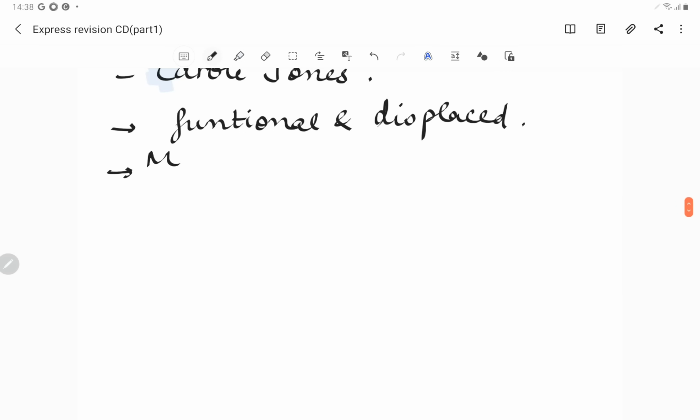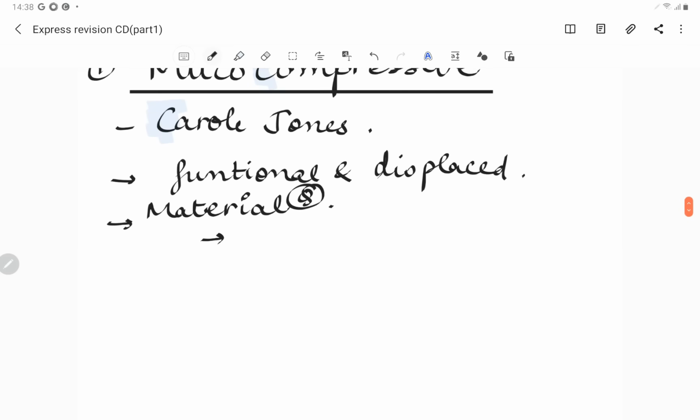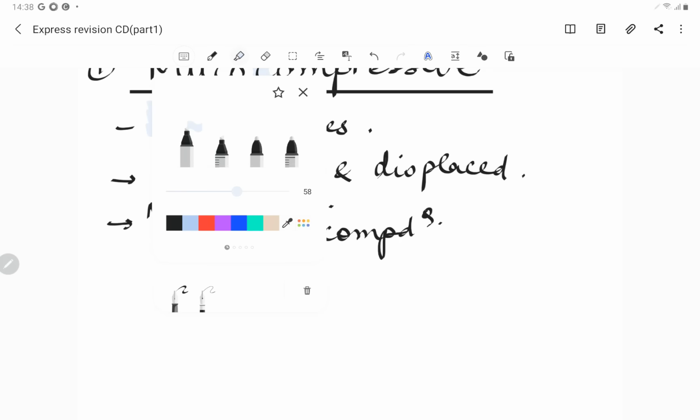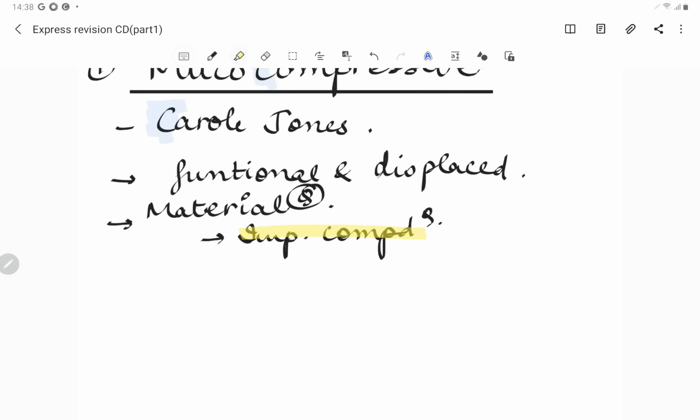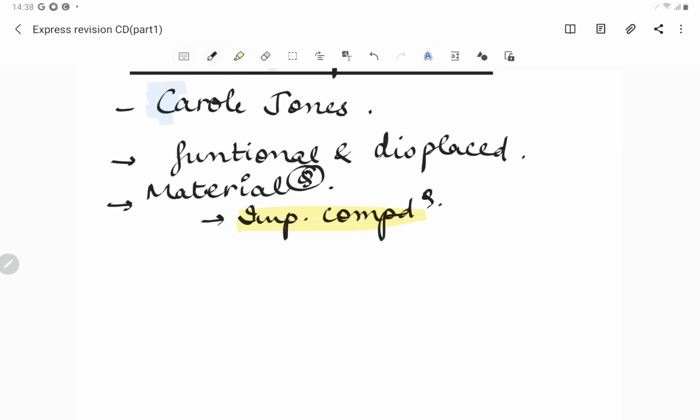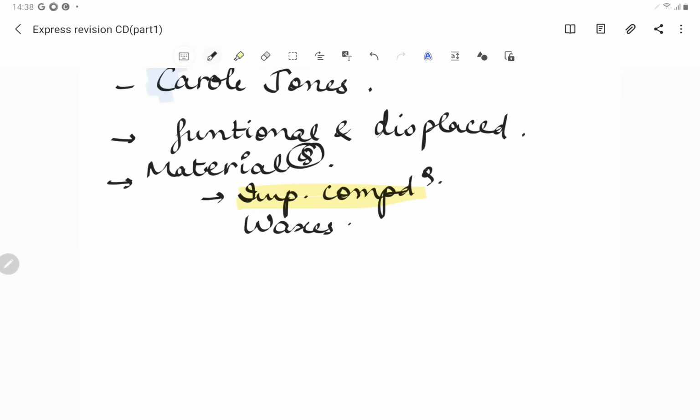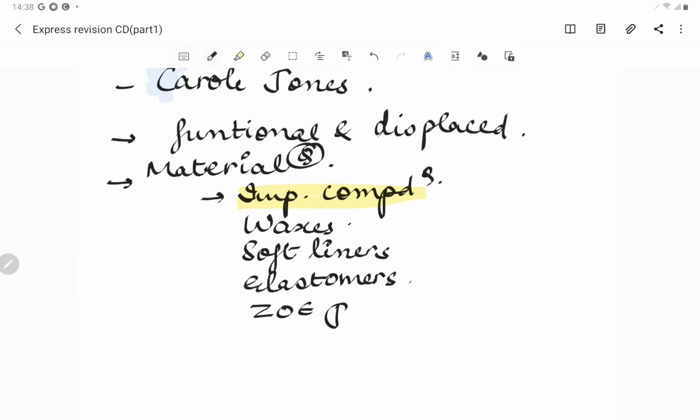Then the materials which are used for the mucocompressive technique are impression compound, right, which is the most important, and we have waxes, then soft liners, then also elastomers, then ZOE paste, right.